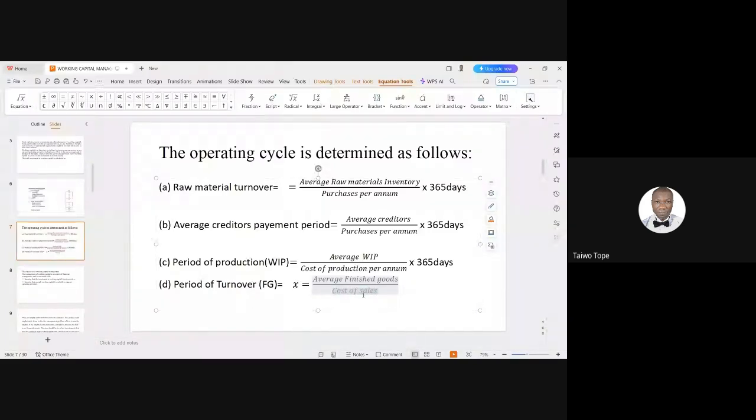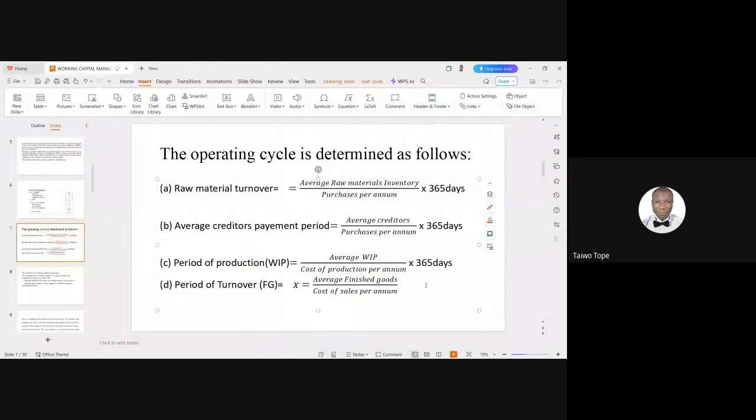Cost of sales per annum. Multiply by what? 365 days.